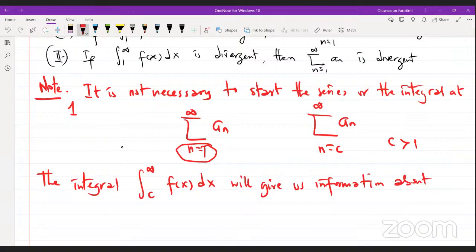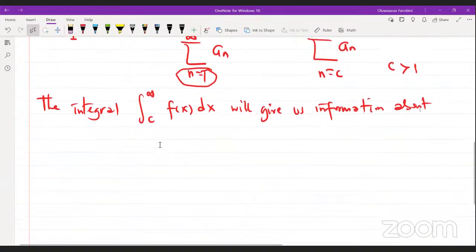This improper integral will give us information about the series. So what series in this case? N goes from where, guys? This has to be c to infinity of an. It even gets a lot more interesting when we're trying to solve examples. So it's going to be easy to go by in that situation.